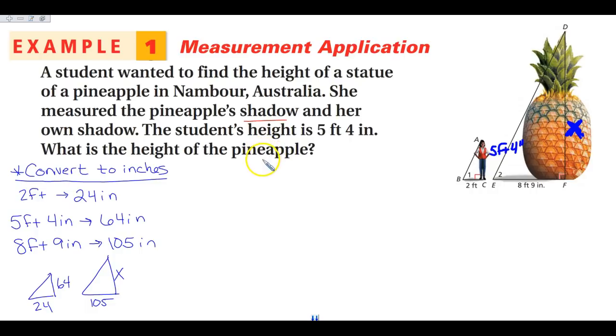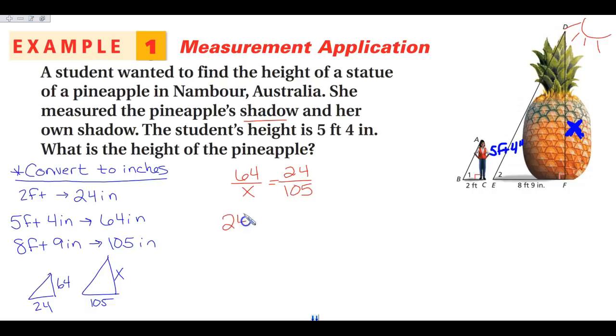So we know that angles 1 and 2 are going to be congruent, because the angle that the sun makes with the pineapple and the girl, the shadows are going to go in the same direction. So we're going to set up 64 over x, the height over the height, equal to the shadow over the shadow, 24 over 105.